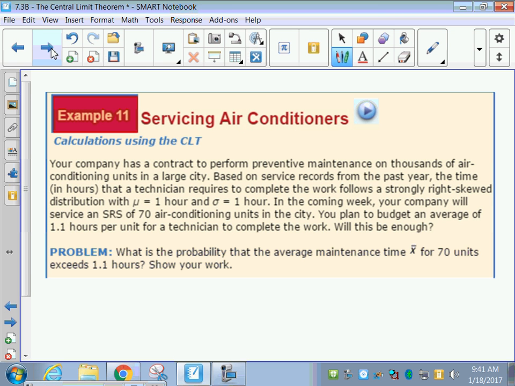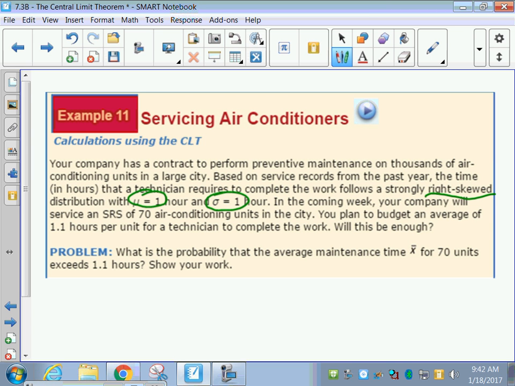So your company has a contract to perform preventative maintenance on thousands of air conditioning units in a large city. Based on service records from the past year, the time in hours that a technician requires to complete the work follows a strongly right-skewed distribution, right-skewed, not normal, okay, with mean of 1 hour and standard deviation of 1 hour.